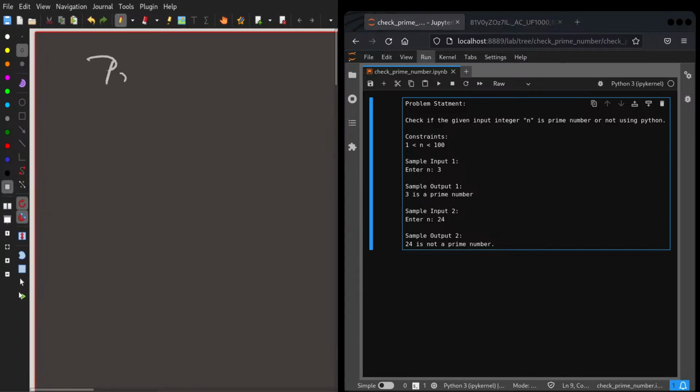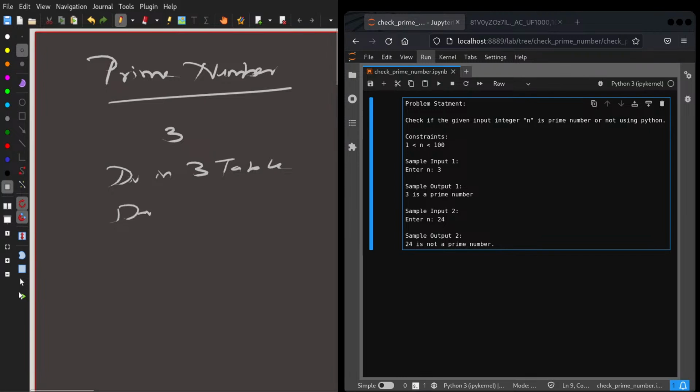For a prime number, consider the tables a number is divisible by. For example, in our case this is 3. 3 is divisible in the 3 table and in the 1 table.